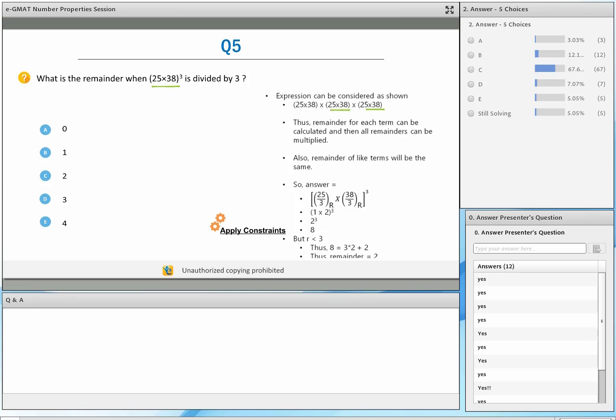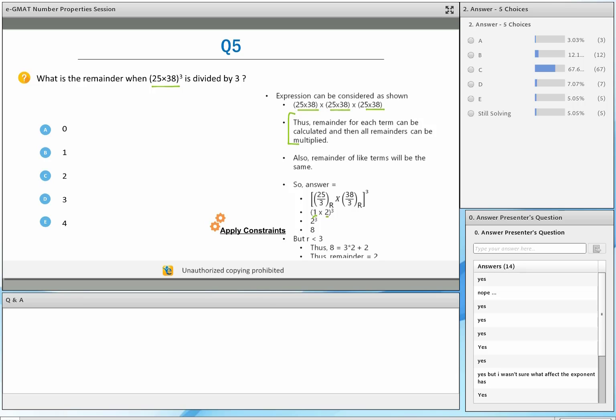Now if we calculate the remainder for each of the terms, we can simply multiply that remainder, or raise that remainder to the power 3, to get the final remainder. So let's look at that. 25 divided by 3, what is the remainder for that? 1. 38 divided by 3, what's the remainder? 2. So what we get is 2 cubed, which is equal to 8.